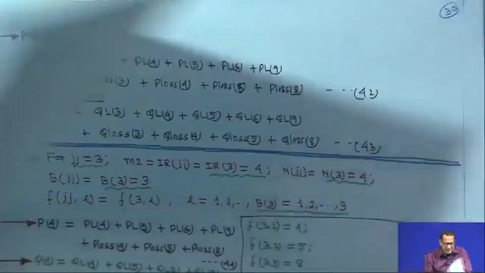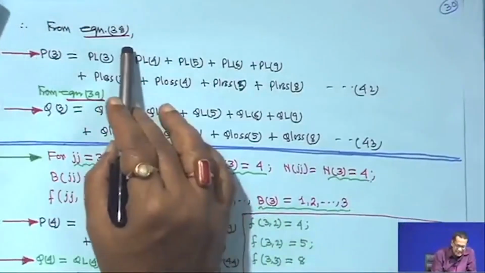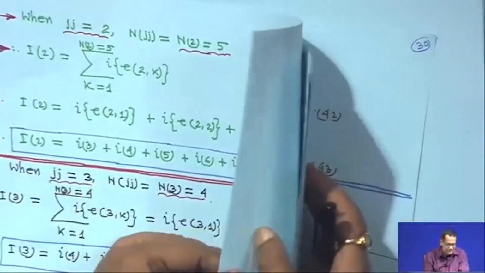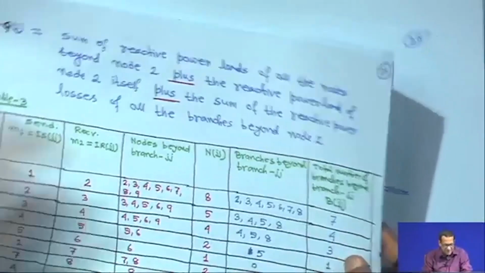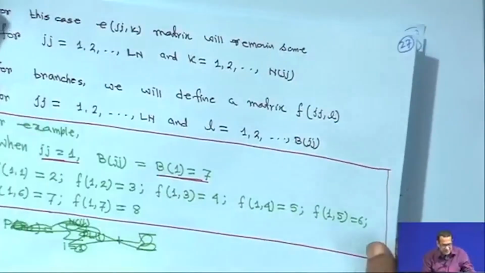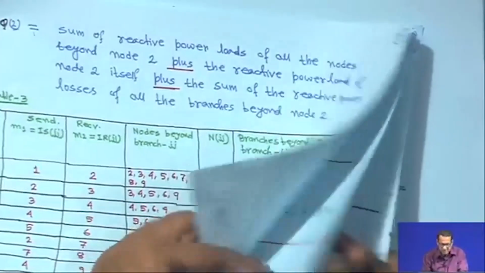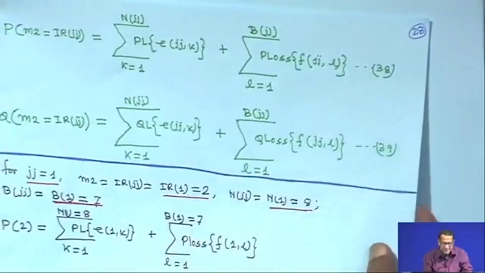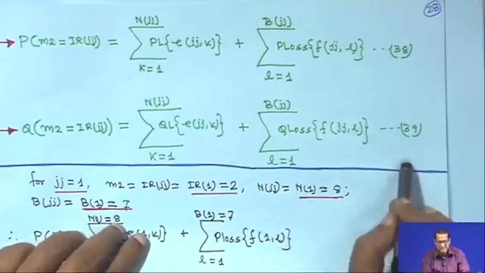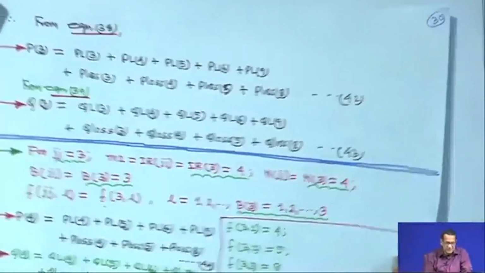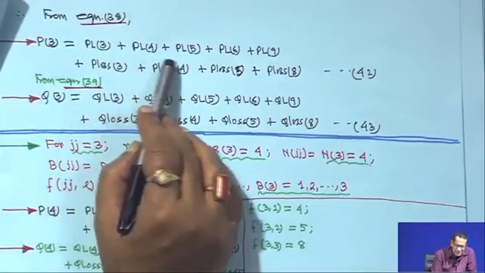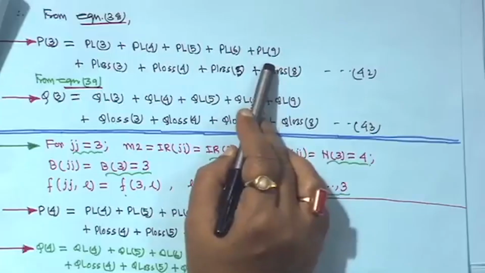So, that means from equation 38, directly you use this value, this equation, right. After this we have given the generalized equation for this one, this equation 38, right, equation 38. Similarly, this equation 39. So, in equation 39 you put those things, you will get P3 is equal to PL3 plus PL4 plus PL5 plus PL6 plus PL9.